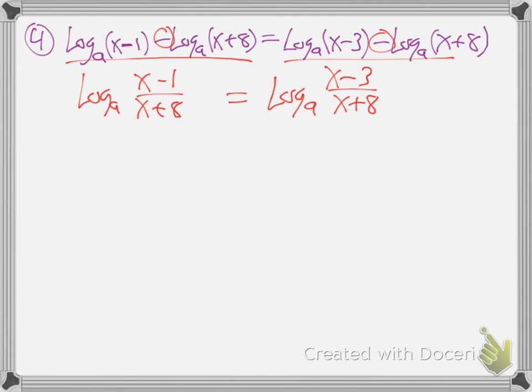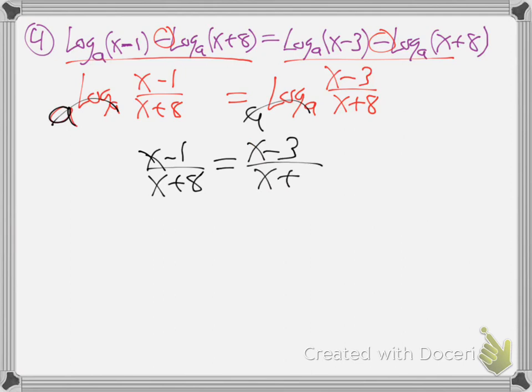Now, we can get rid of both these log base a's by doing this. A to the power cancels, and so we just have x minus 1 over x plus 8 is x minus 3 over x plus 8. That's all we've got left.